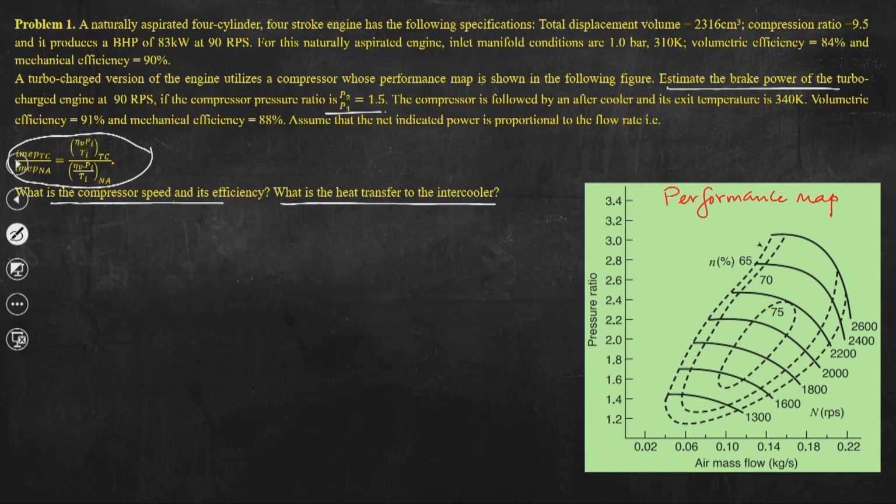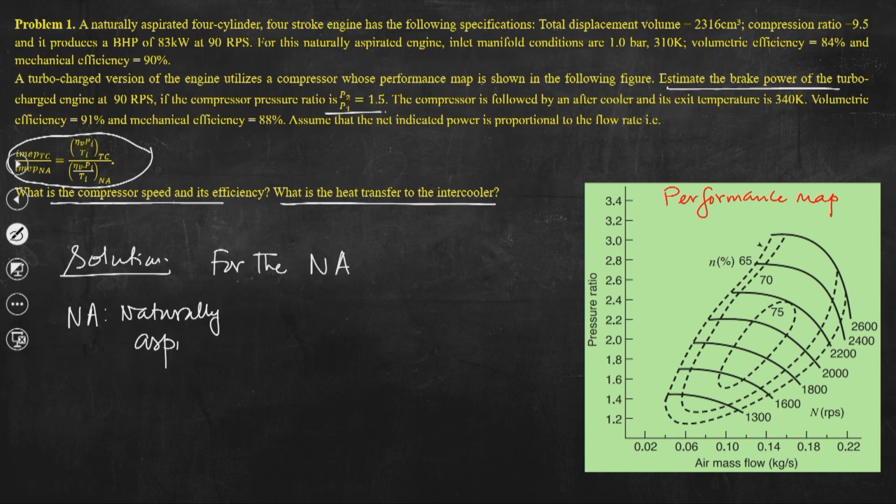If we start solving the problem, let us start from here. Solution. So, we can see that for the naturally aspirated engine, I will be writing NA, and TC for the turbocharged engine. So, we will use these two.